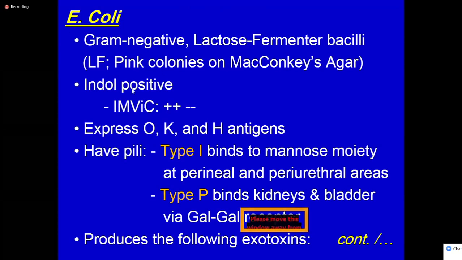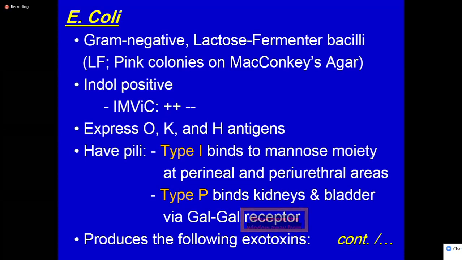It is indole positive. And you remember the IMViC phenomena, that is to say indole, methyl red, Voges-Proskauer, and citrate utilization. The first two tests, indole and methyl red, are positive, while Voges-Proskauer and citrate utilization are negative. The I is just to make the word easier to pronounce.